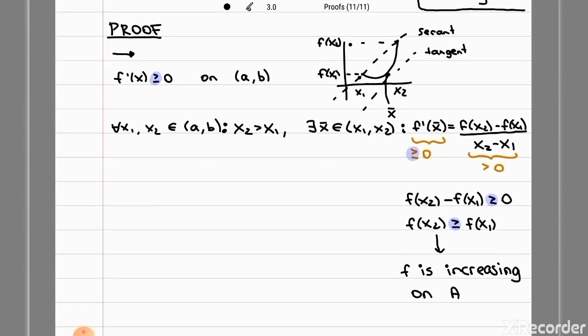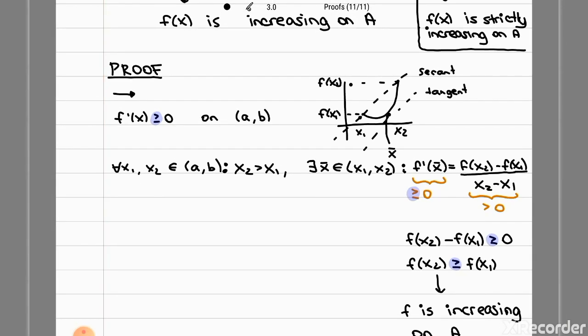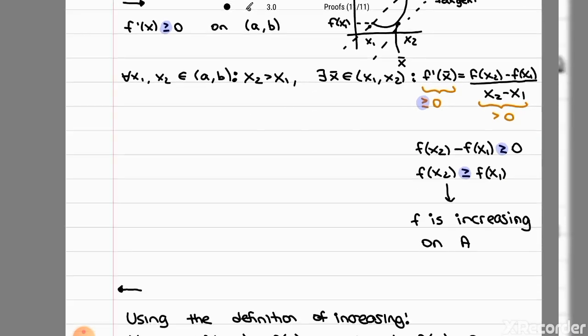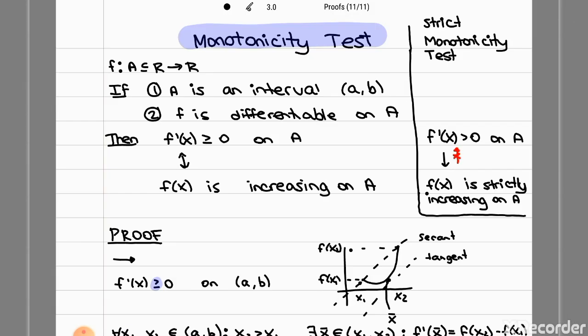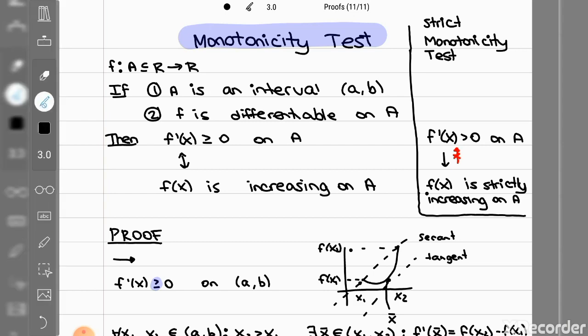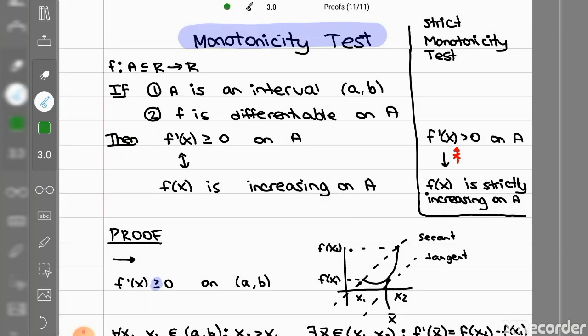And so in the end, that one will become a strictly bigger than sign, which implies that the function is strictly increasing. And as I mentioned, since the theorem doesn't work in both directions, you don't have the second part at all. So it's just a shorter version of the same thing. So the main thing to keep in mind is just that you have to only prove the first part.